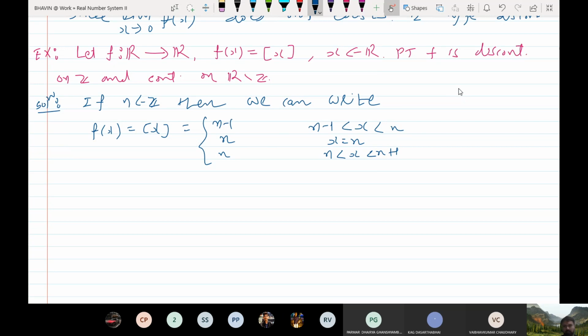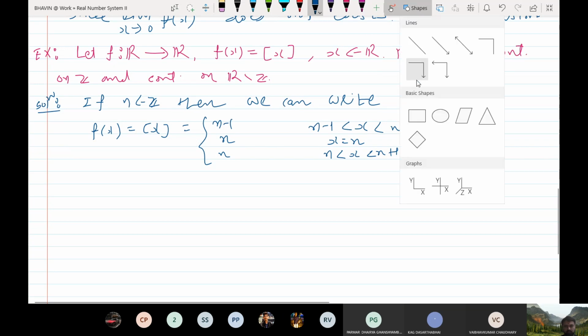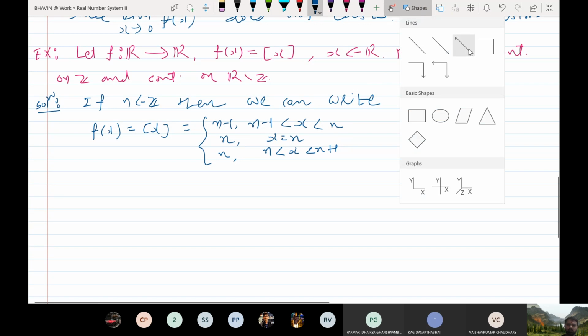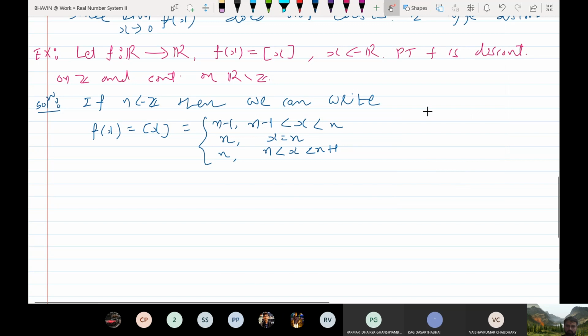If we draw the graph of the function, it is something like this. See, so these are the points.